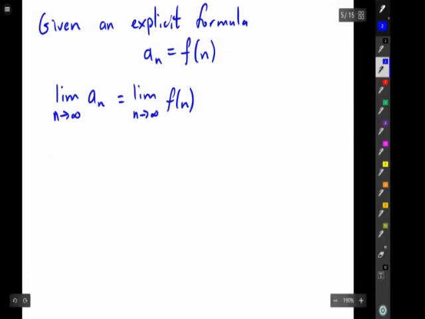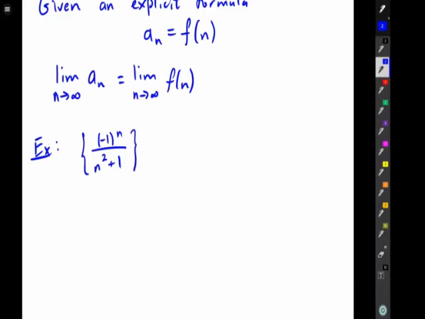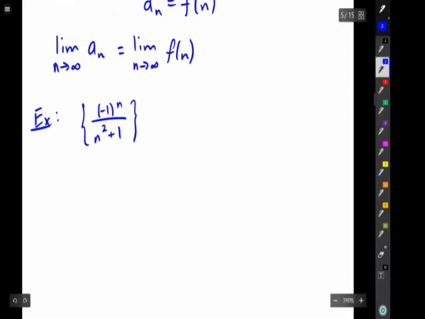So, for example, let's look at the sequence (-1)^n over n squared plus 1. Here, f(n) is equal to (-1)^n over n squared plus 1.